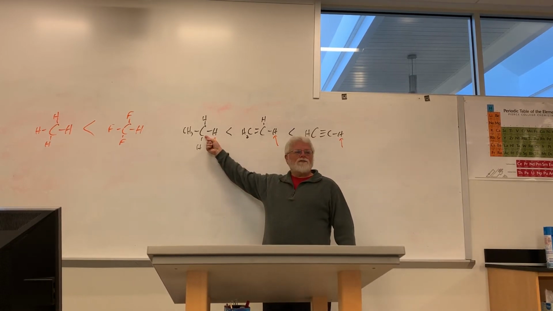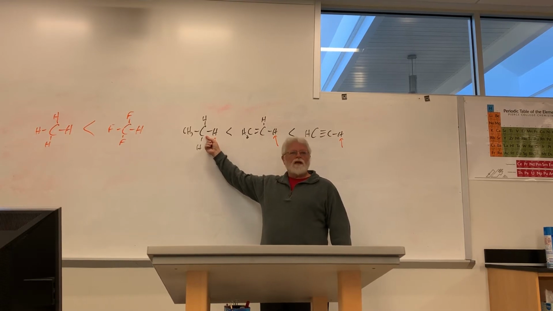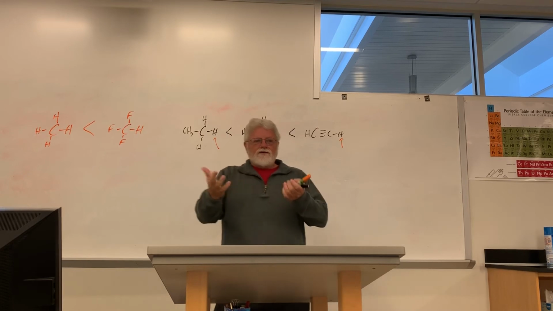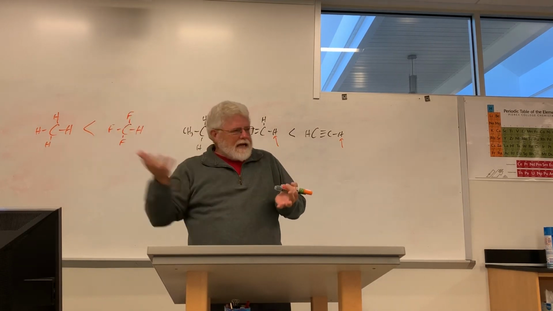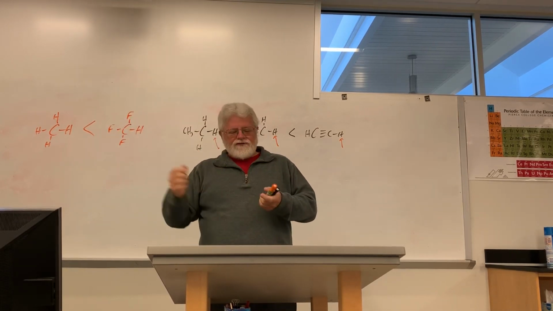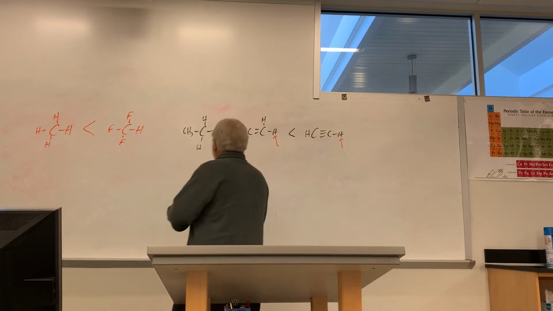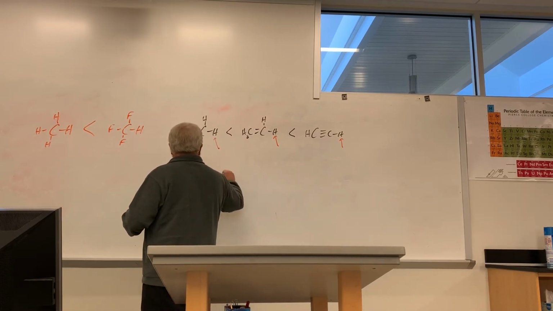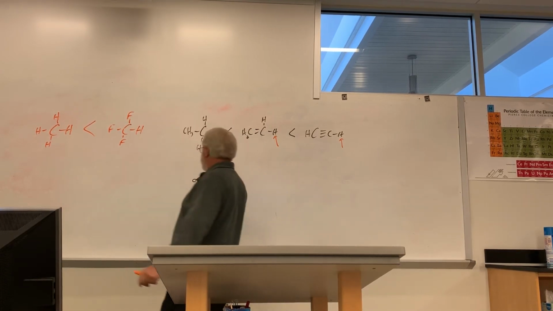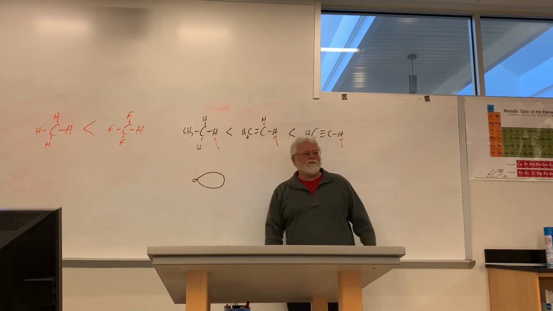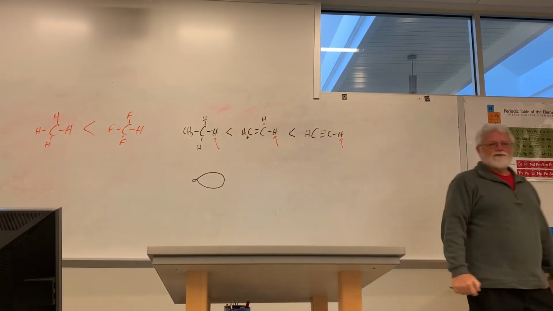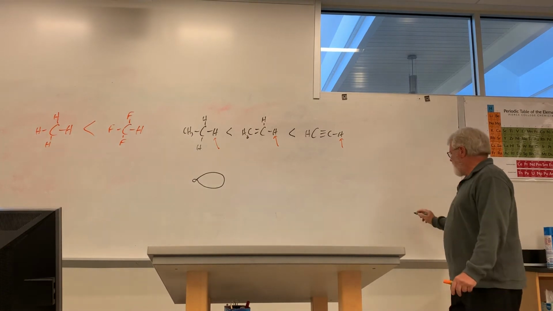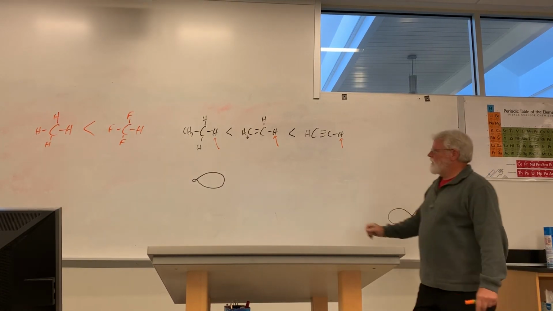What's the orbital hybridization of this carbon? sp3. An sp3 hybrid is 3/4 p-like and 1/4 s-like. So an sp3 hybrid orbital kind of looks like this. There's a little irrelevant lobe on the other side. A flat out p, of course, is evenly bilobed.